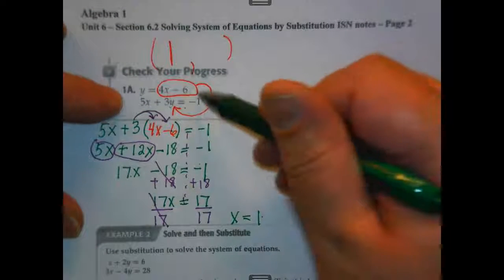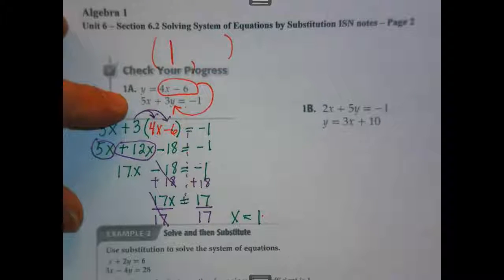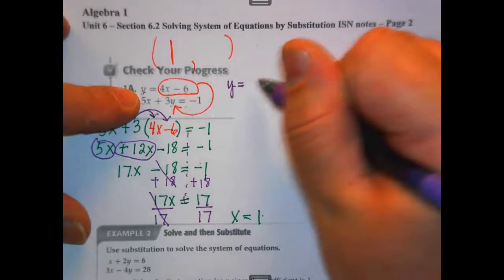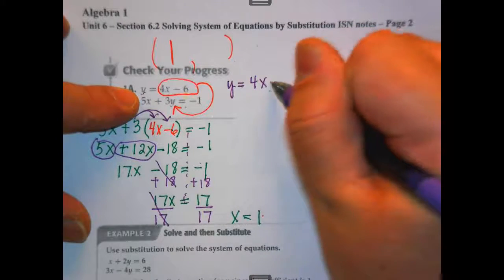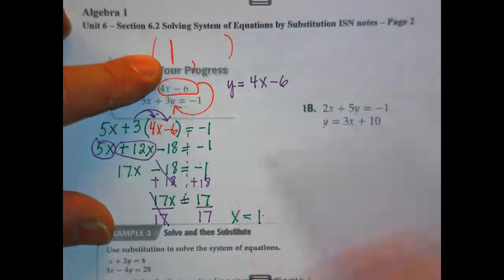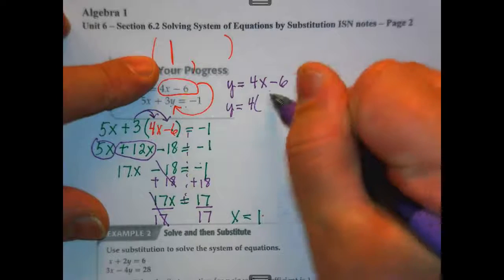You can pick either equation. In this particular instance, the y equation is going to be easier, the top one, because y is solved for. We know that the x is 1, so we're just going to substitute in 1 for x.